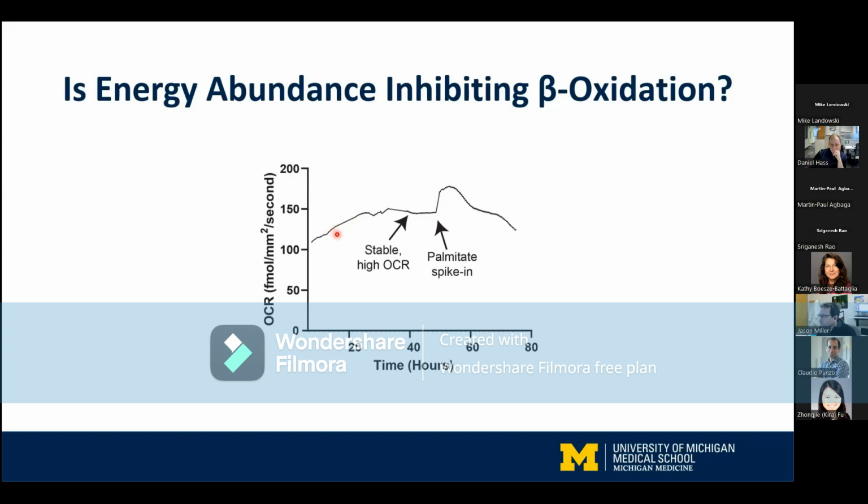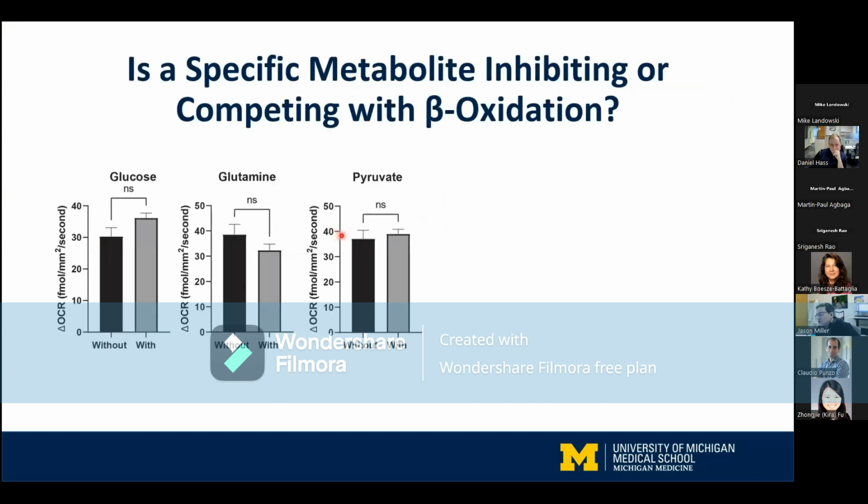So we started just on a candidate-based approach, asking, well, what if we take out one metabolite versus another metabolite? Can we see an increase in beta oxidation in our RPE culture?